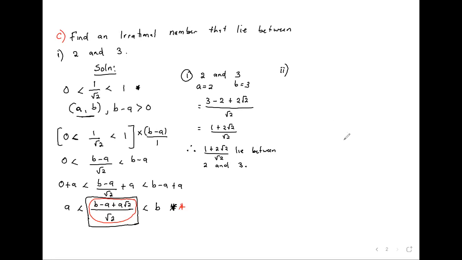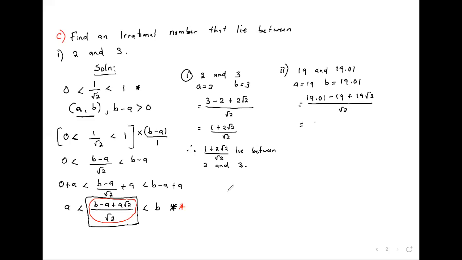Second, we have the numbers 19 and 19.01. So A is 19, B is 19.01. So we'll say 19.01 minus 19 plus A, which is 19, multiplied by root 2, over root 2.